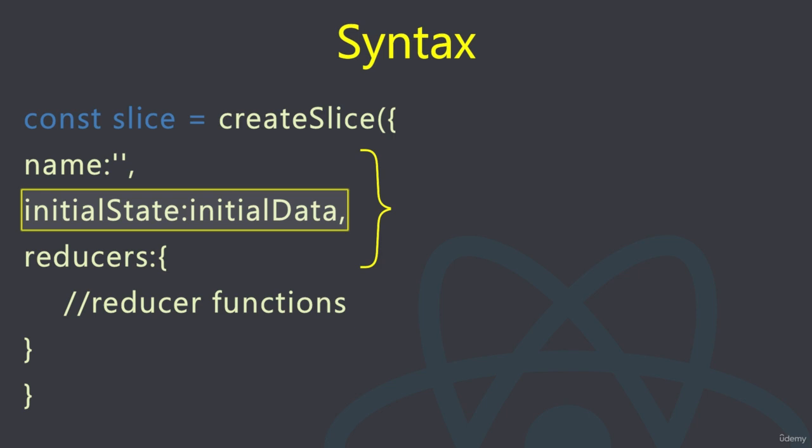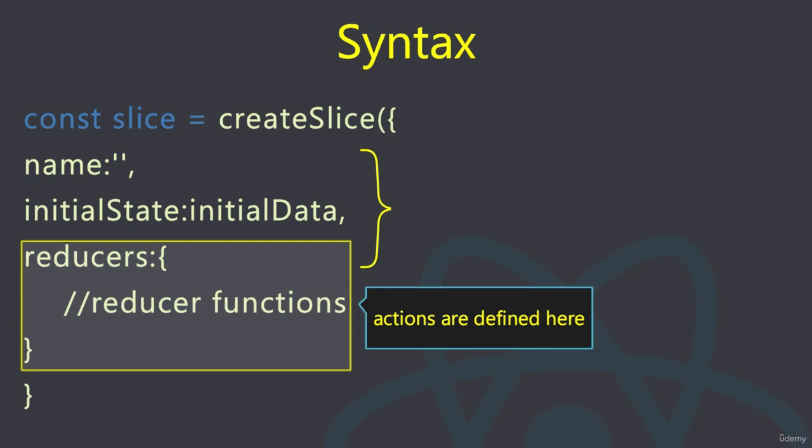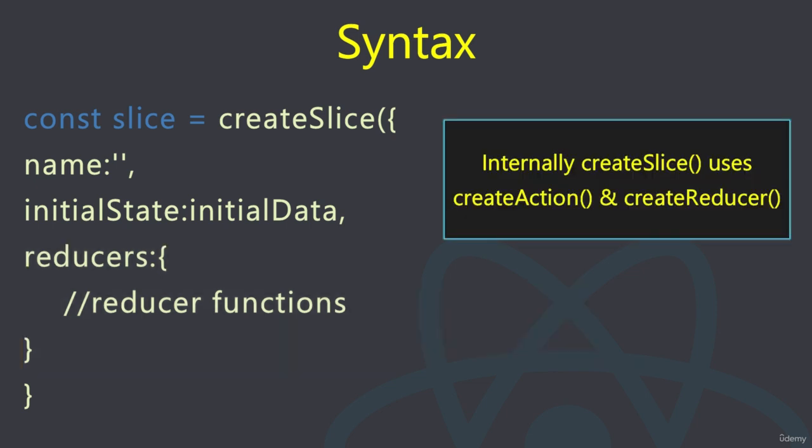Then you have the initial state, where you actually initialize the state values. And then you have the reducers, that is the reducer functions, that is basically the actions you define in it. Internally, the create slice uses create action and create reducer methods. So the created reducer and actions you can export at the end.